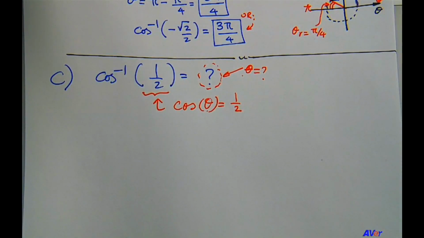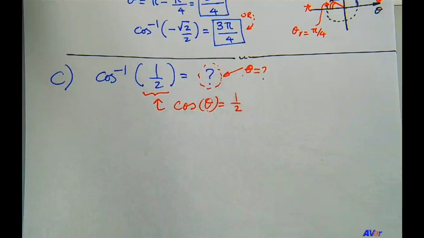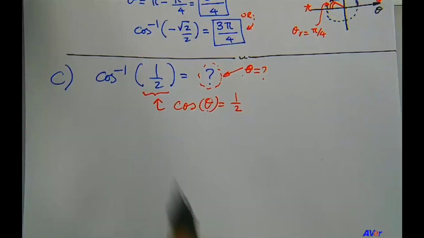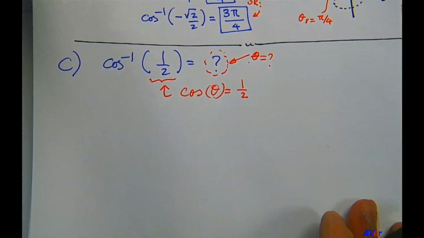Okay, so once again, the angle theta, the range, is restricted between 0 and pi. And this value is restricted between -1 and 1.